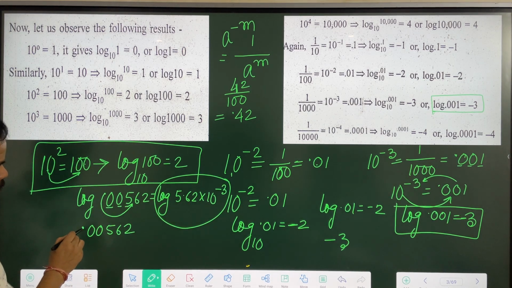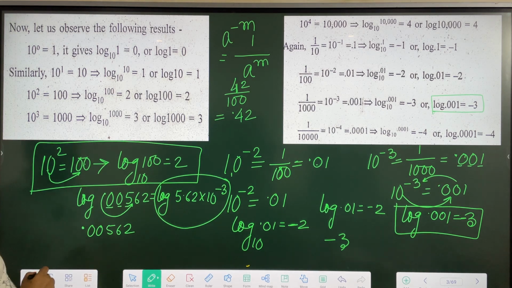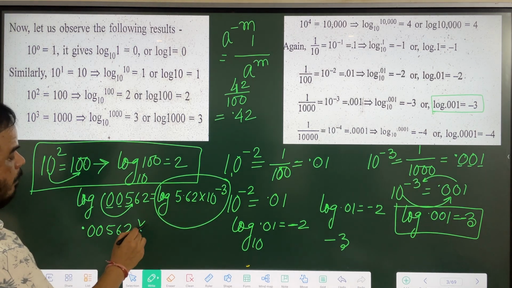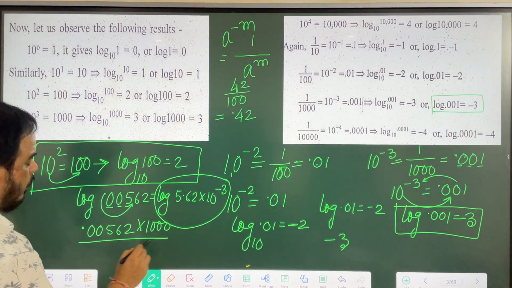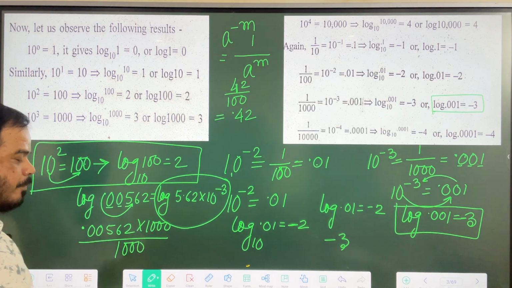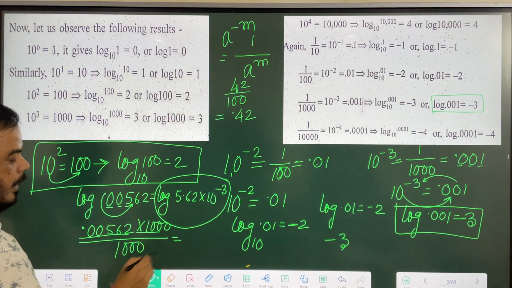0.00562. If we want to get the decimal in this place, then we have to multiply by 1000. If we multiply by 1000, we also have to divide by 1000. When we multiply this one and this one, what will we get?